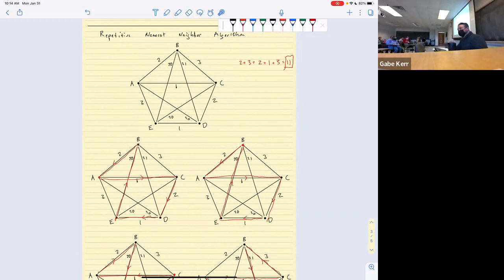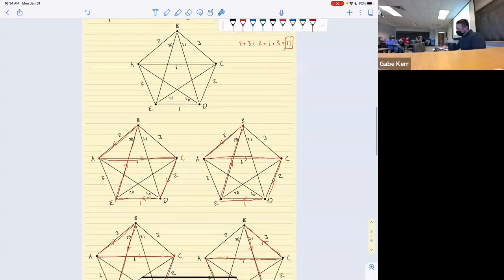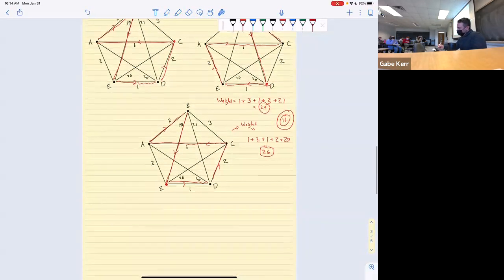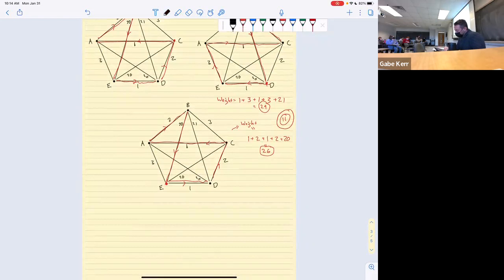So this algorithm actually will not produce the right answer sometimes. In fact, it will produce an answer that sometimes is over twice as long as the best possible case. So this is what's called an approximate algorithm.